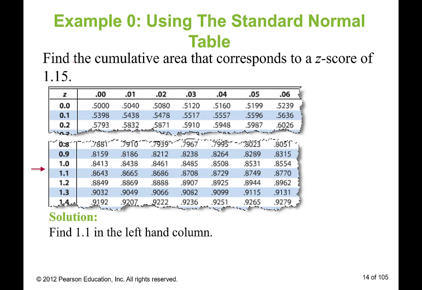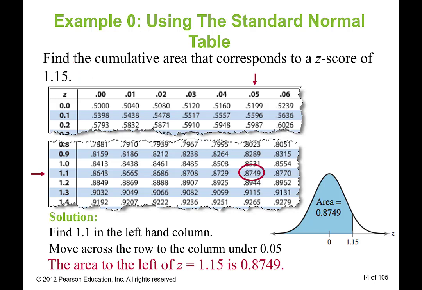So we find 1.1 in the left-hand column, we find the 0.05 in the top row, and then we go across that row that says 1.1, and we go down that column for the 0.05 and find the value where the two intersect. And that's going to be our area under the curve up to z equals 1.15. And in this case, that area is 0.8749.